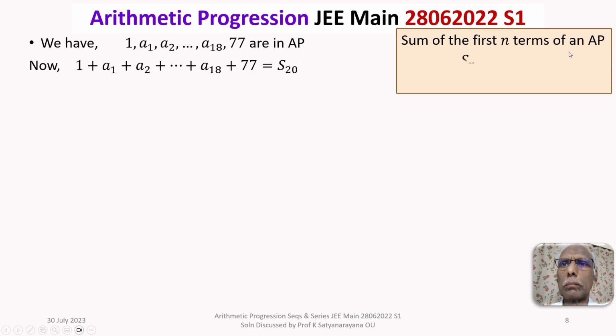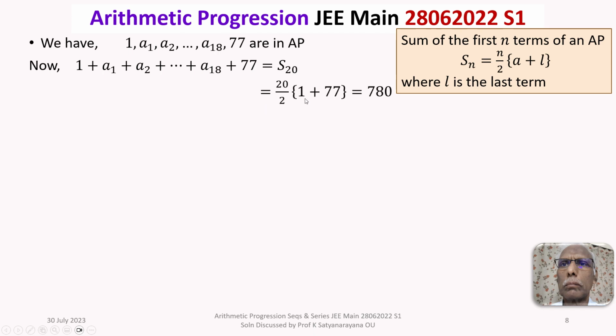The sum of the first n terms of an AP, denoted by Sn, is equal to n by 2 into the bracket A plus L, where L is the last term and A is the first term. So now n is 20, the first term is 1 and the last term is 77. So that will be equal to 20 by 2 into 1 plus 77.